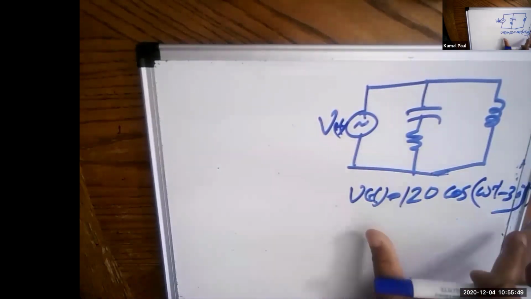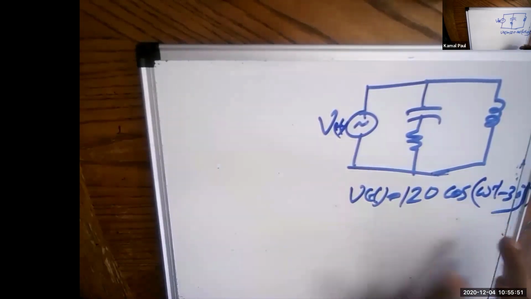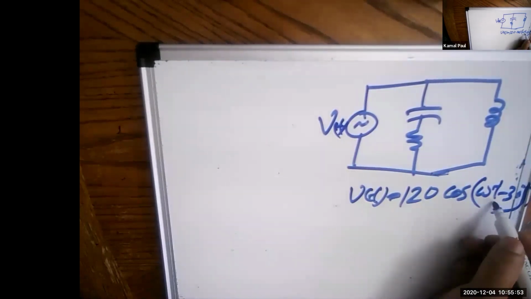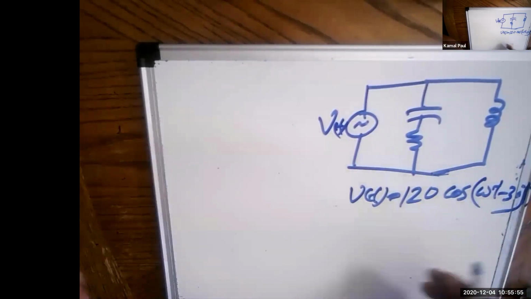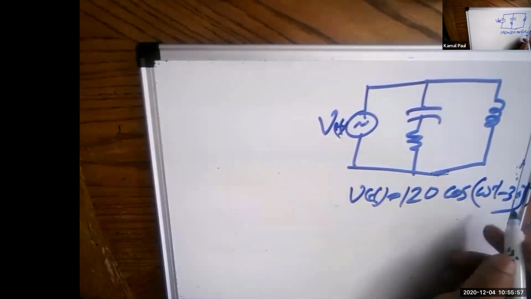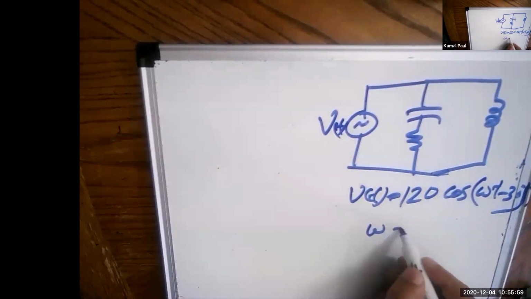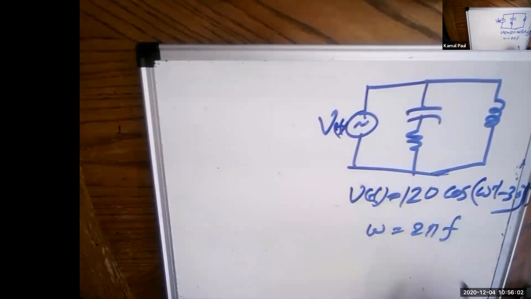Now, what is the thing we can vary here? We cannot change t, because t is automatically time varying. So what things can we change here? Omega equals 2 pi f, so the only thing we can vary is the frequency, which is usually 60 hertz in case of AC.